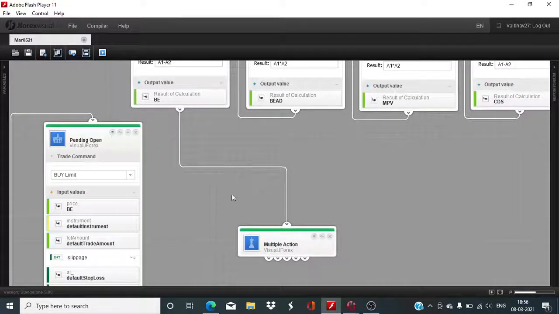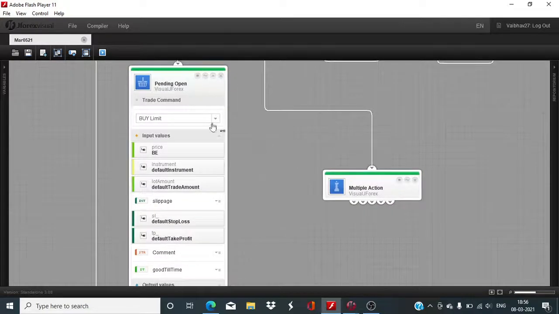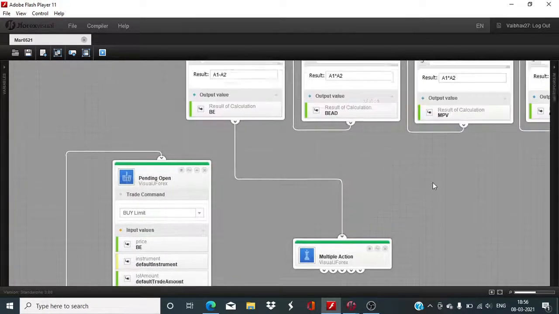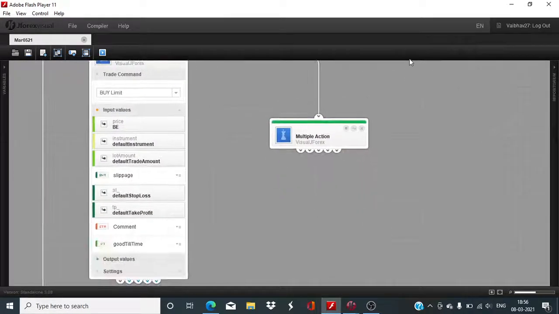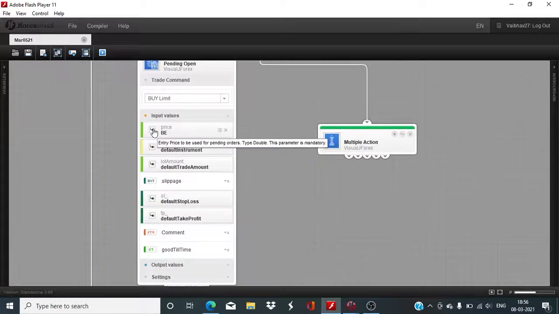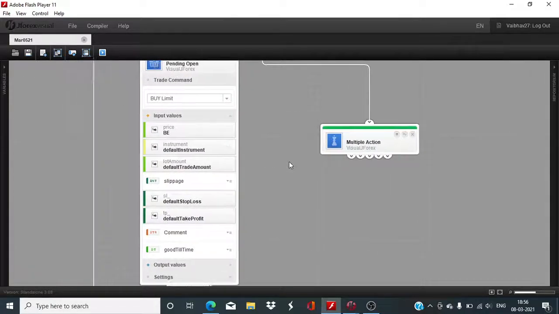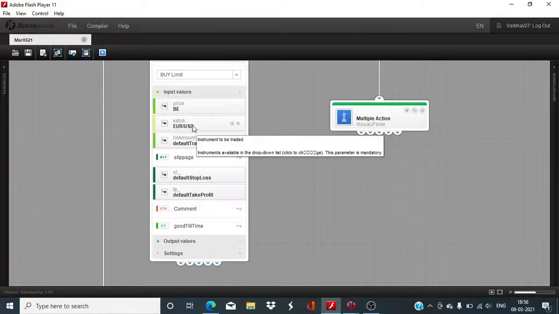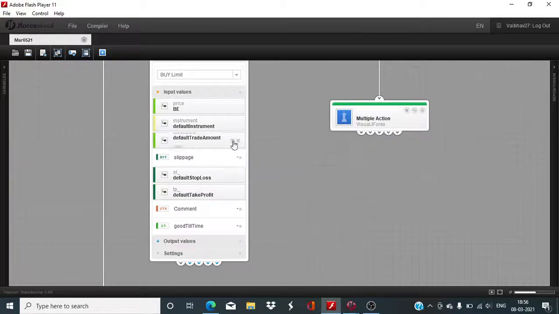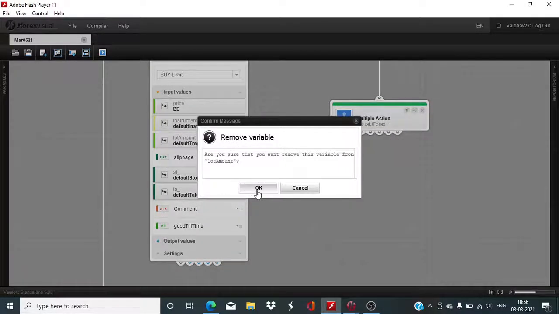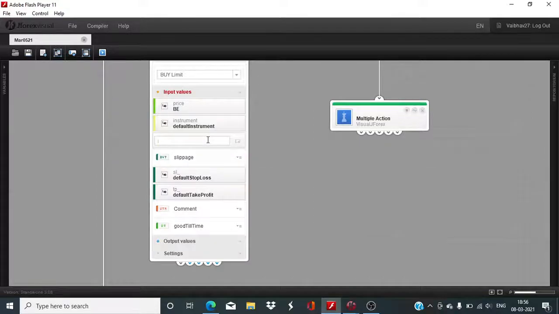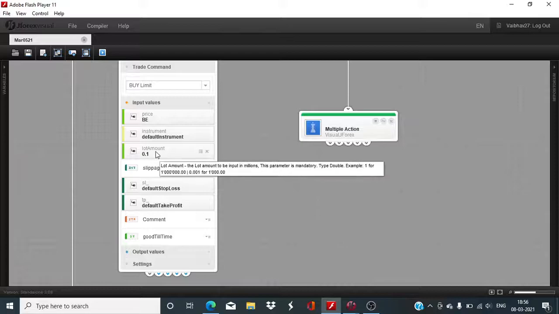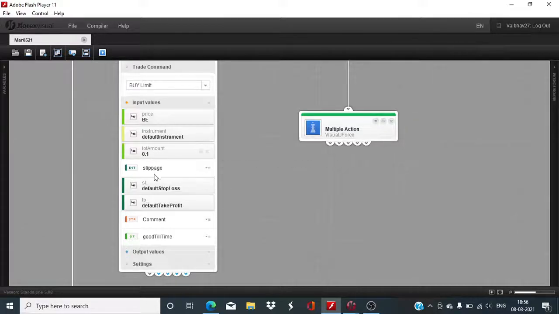So I hope you have been able to understand what I have done with these calculations, and then this creation of this new variable, and default instrument will remain as it is. For trade amount, I think 0.1 should be good enough. It is going to be dependent on the amount of equity you have.